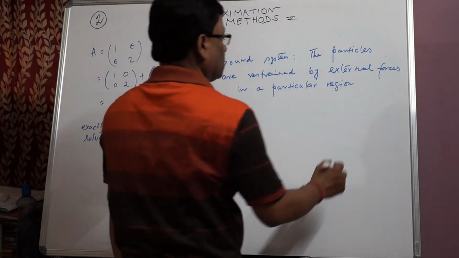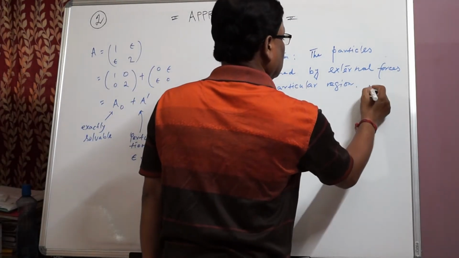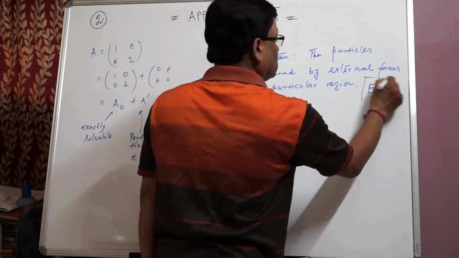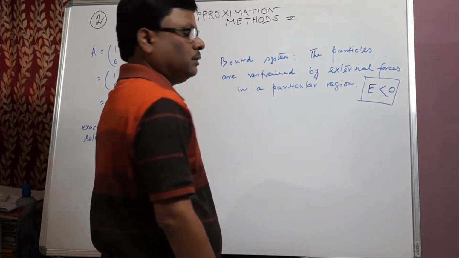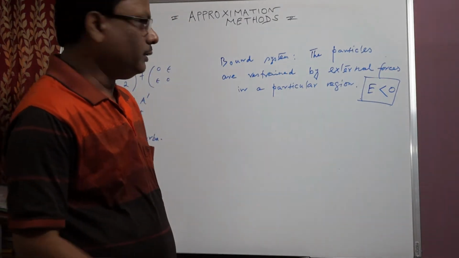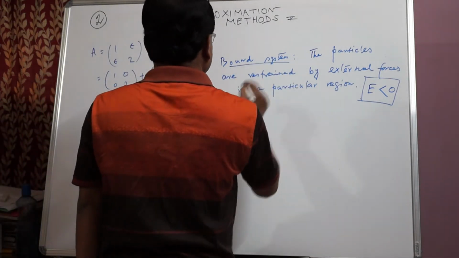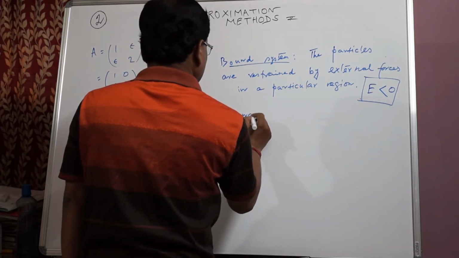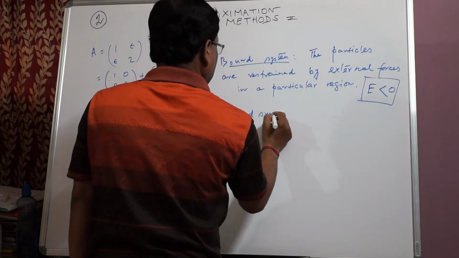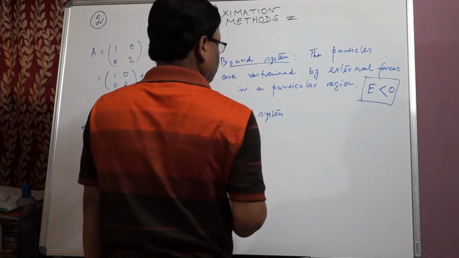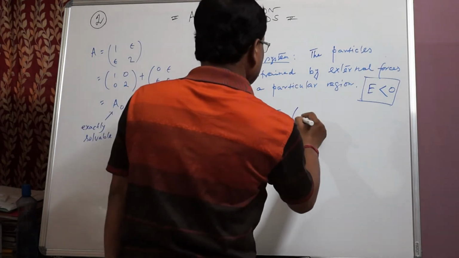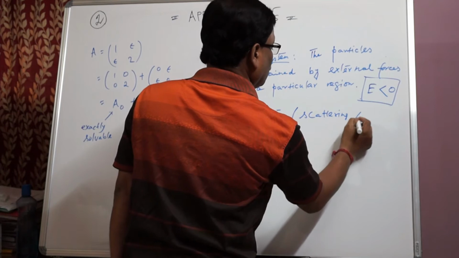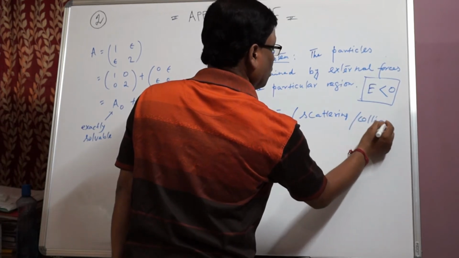For these systems, the total energy is less than zero. And there is another system, which is the unbound system, the scattering or collision problem.